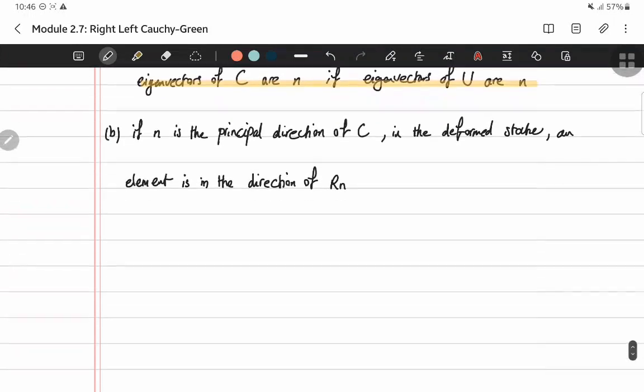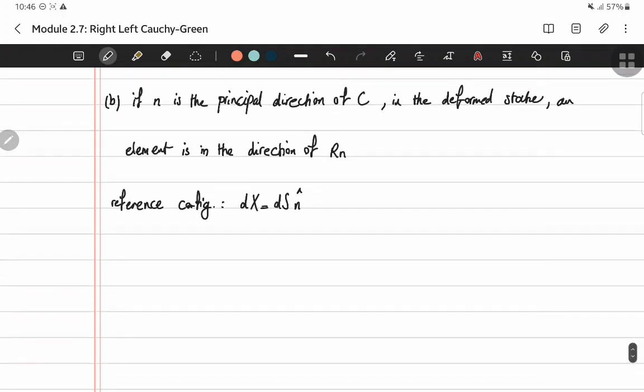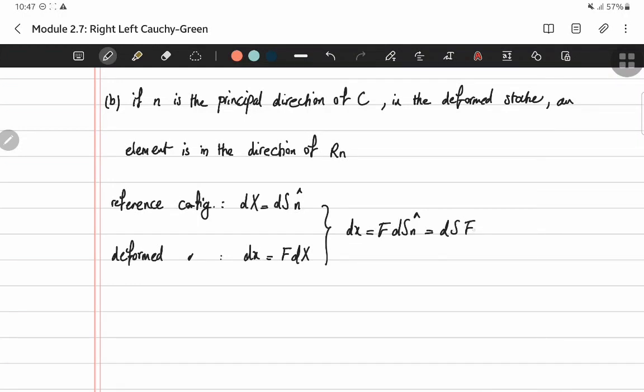To prove this, we can simply write: your element in the reference configuration is dX equal to ds n, where n is a principal direction of C. In the deformed configuration, you have dx equal to F dX. So dx is equal to F ds n, and I can take ds out.